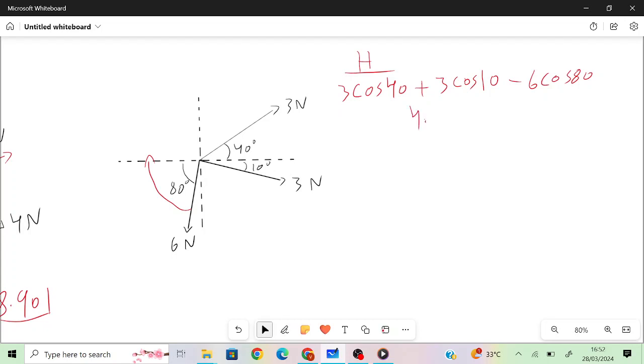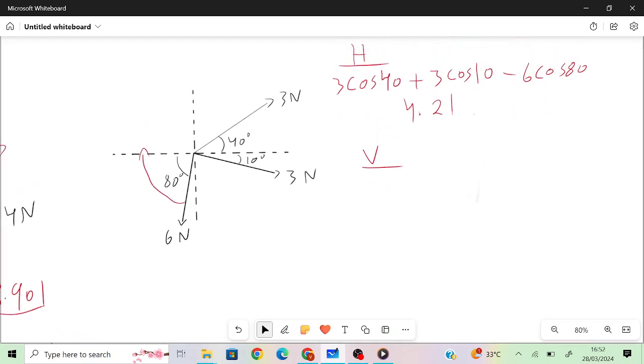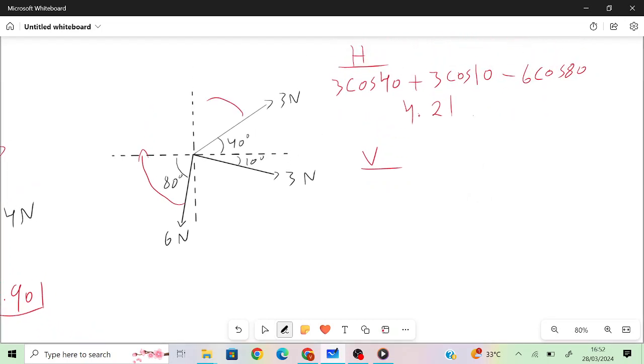4.21 to 3SF. And then on the vertical, if you resolve this to vertical, I have one going upwards, that's positive, so that's 3 sin 40 minus 3 sin 10, because this one is eventually going in the downward direction, and this one too in the downwards direction.